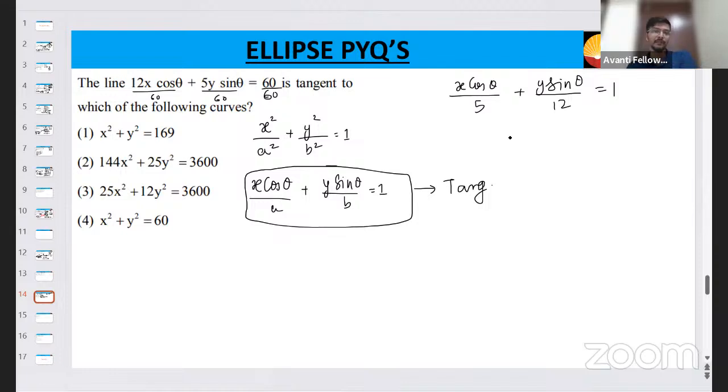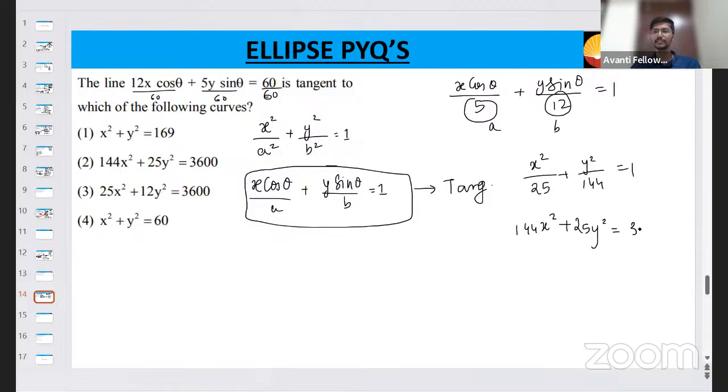So you can see this will be tangent. This is the value of A, this is the value of B. So the equation of ellipse will be x square upon A square plus y square upon B square is equal to 1. That means 144x square plus 25y square is equal to 3600 after taking LCM, which is, I think, option number 2. This is my answer. Right, guys?